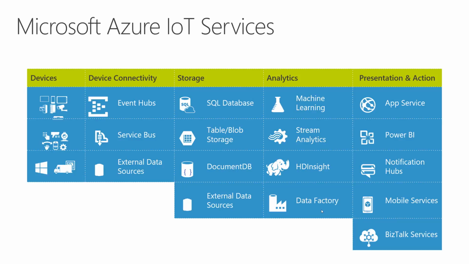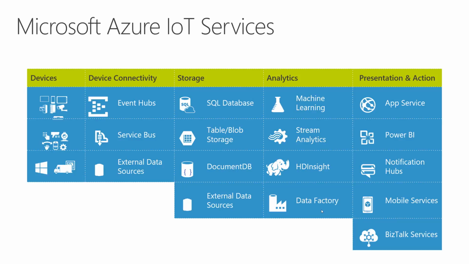So when we jump to the third segment here, it's analytics, and you might notice that we start from the low level, like connectivity, and then storage, and now higher level stuff like how do I make sense of all this data that I have.